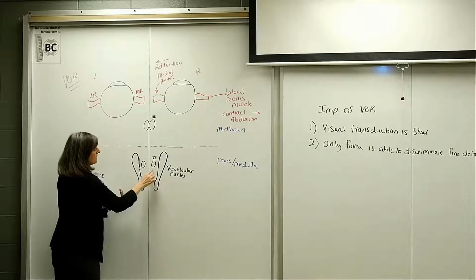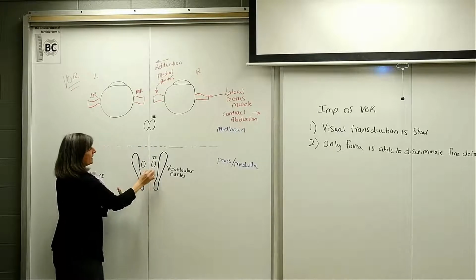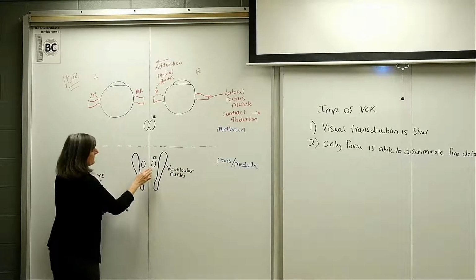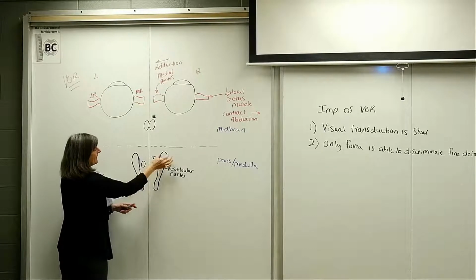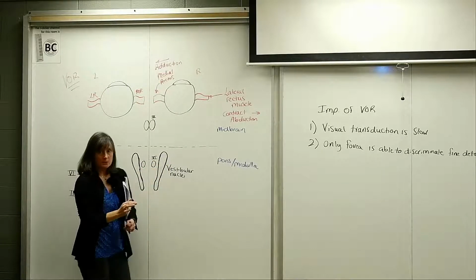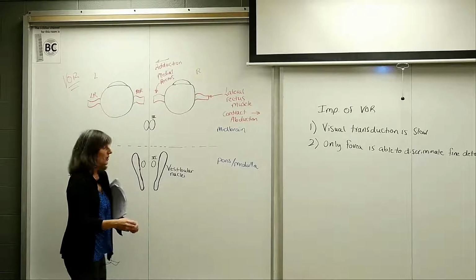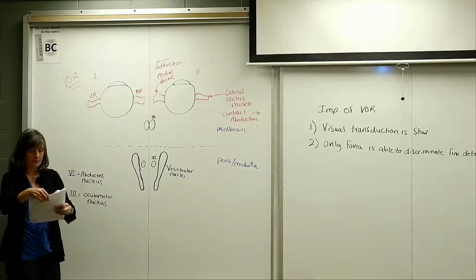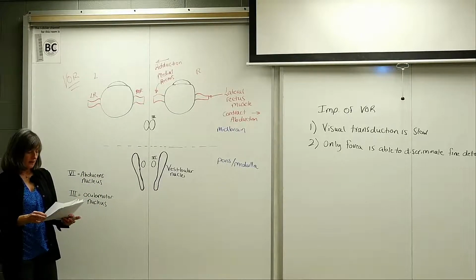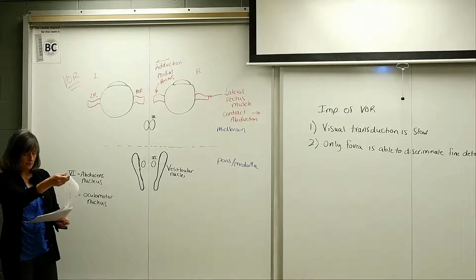Our abducens nucleus is located in the pons medulla region, and there's again one on each side. Lateral to the abducens nucleus are the vestibular nuclei, which I've drawn in purple here. Hopefully everybody is caught up, and then we will start our circuit.